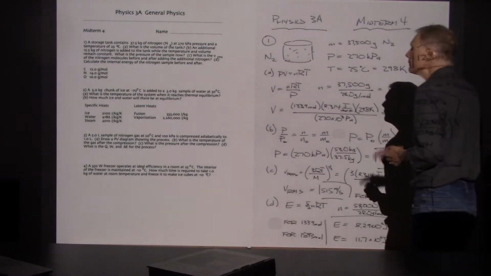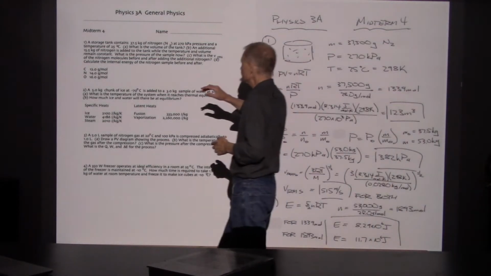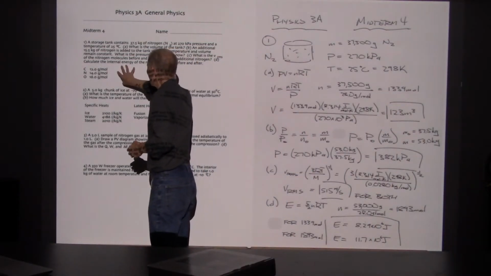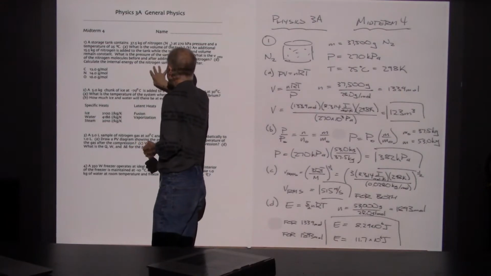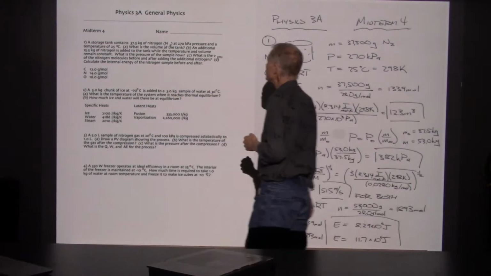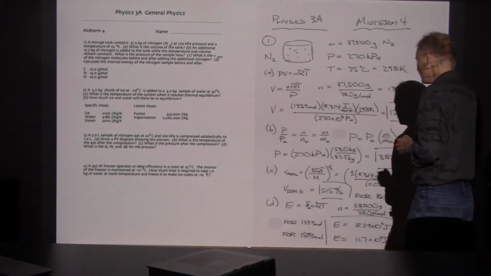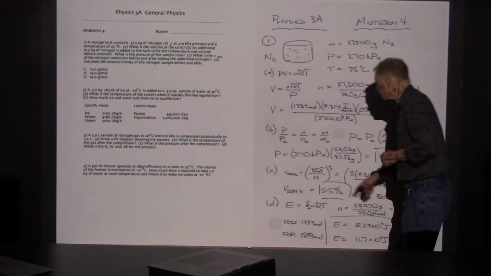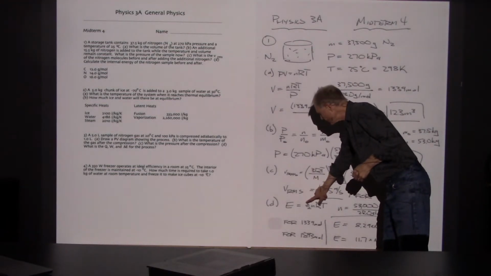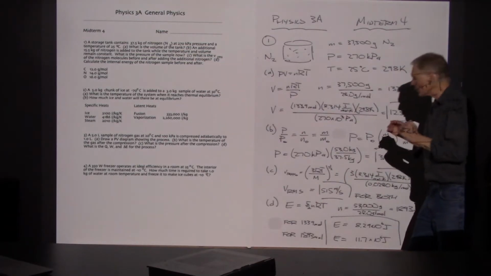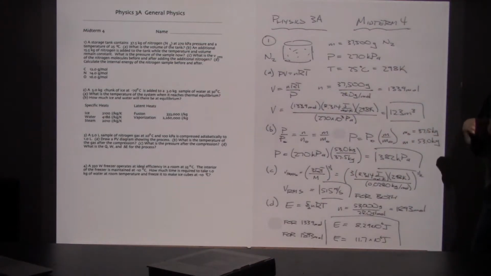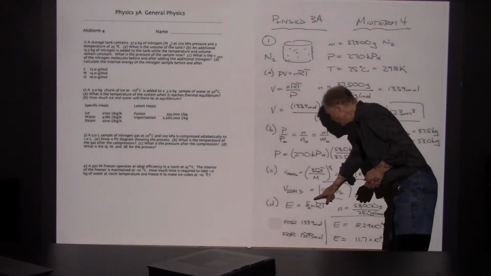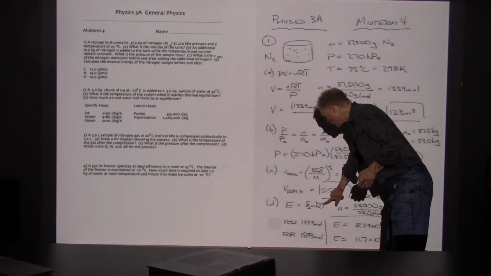And then finally, it asks in part D, what is the internal energy of the entire nitrogen sample before and after? So the internal energy is going to depend on the number of moles. If I have more nitrogen, that's on average going to give us more total energy. And then 5/2 RT.